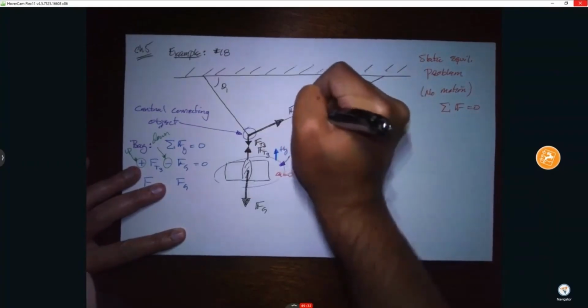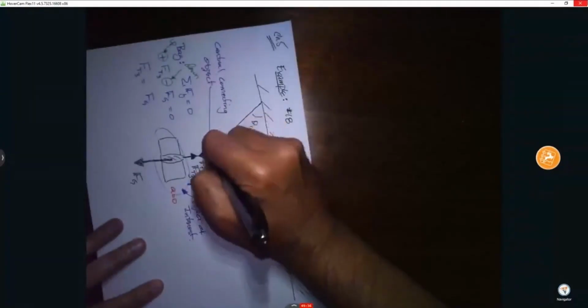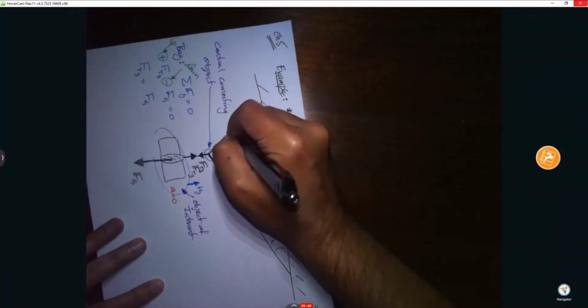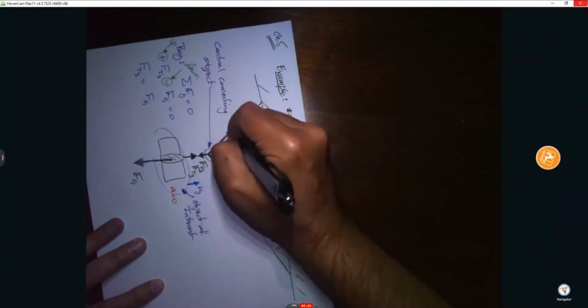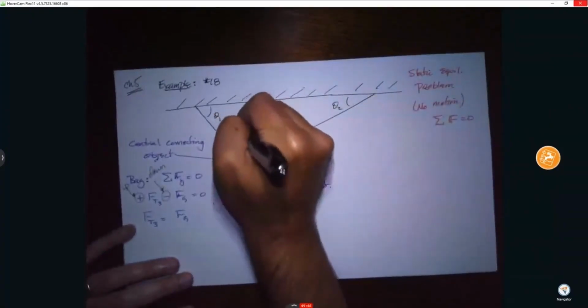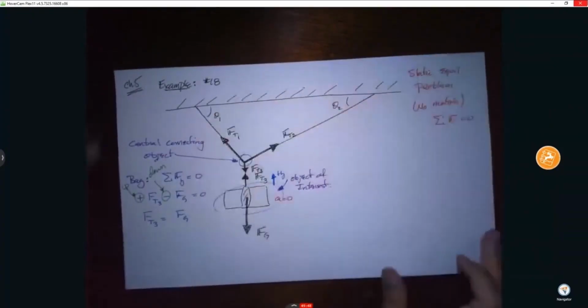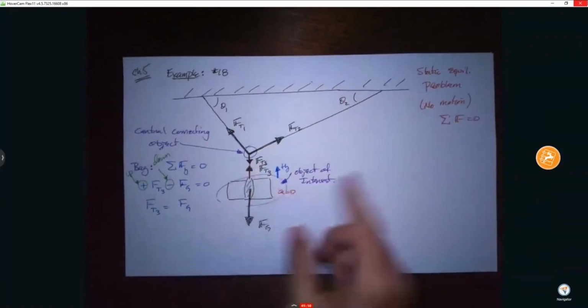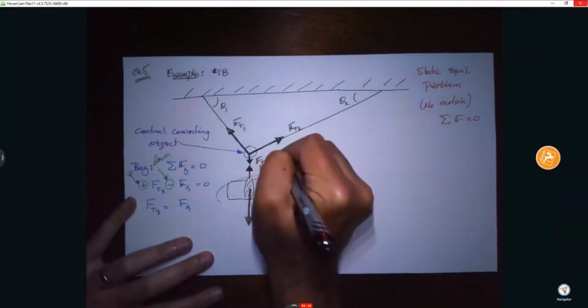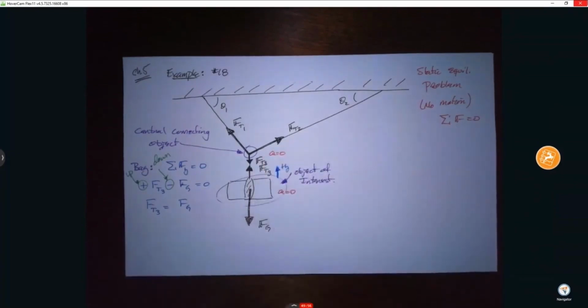And then I'll have this tension force here, again along the string away from the object, which is the knot, okay? And so this will be force tension 1, okay? And again, it's a static equilibrium problem. There is no acceleration on the knot, so a will be 0.